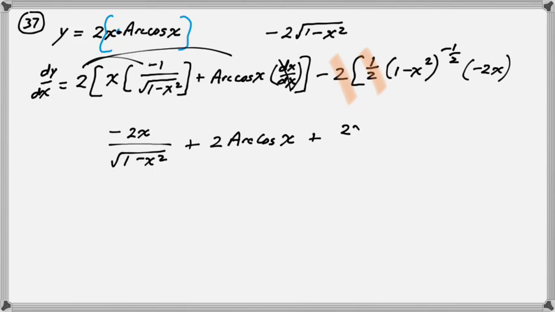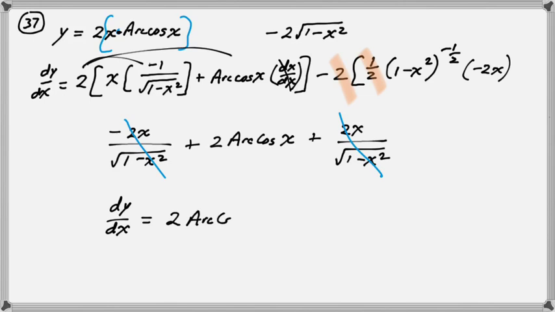So that gives me 2x over, again, the radical, because the negative square negative, and that means a square root on the bottom. Notice that this and this add to 0. So my dy dx is going to be, in simplified terms, 2 arc cosine of x.